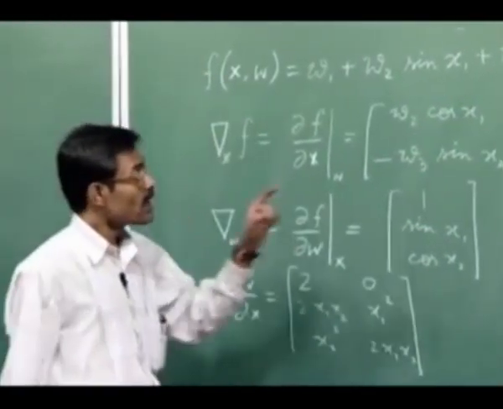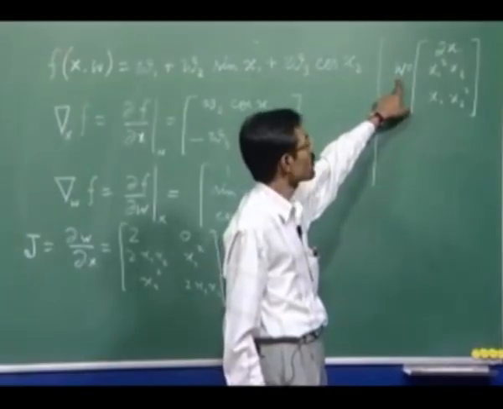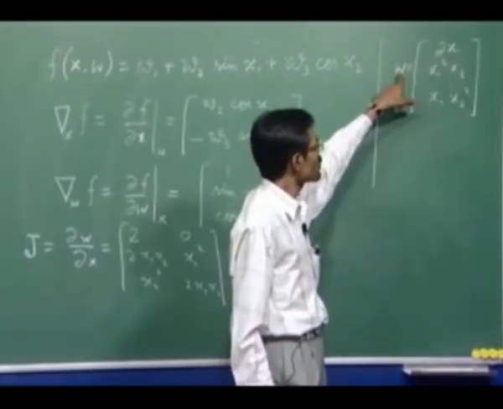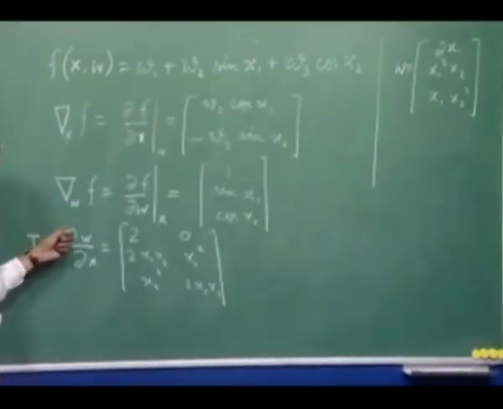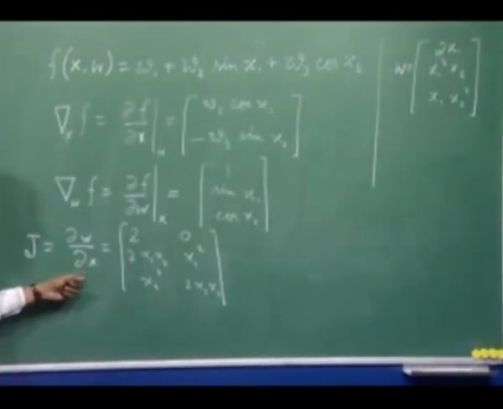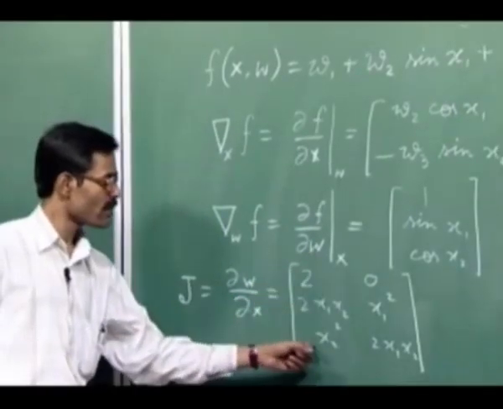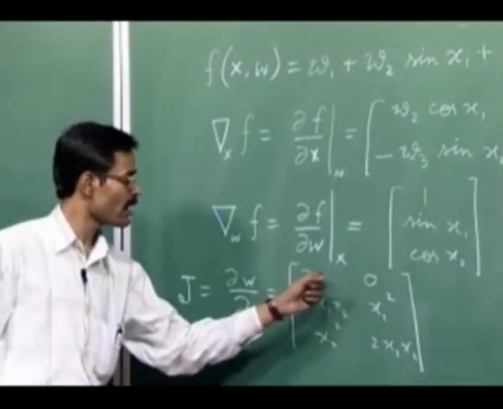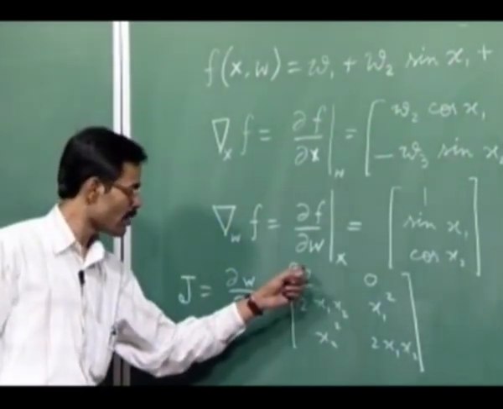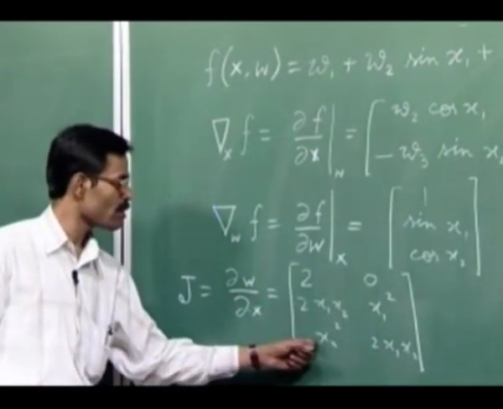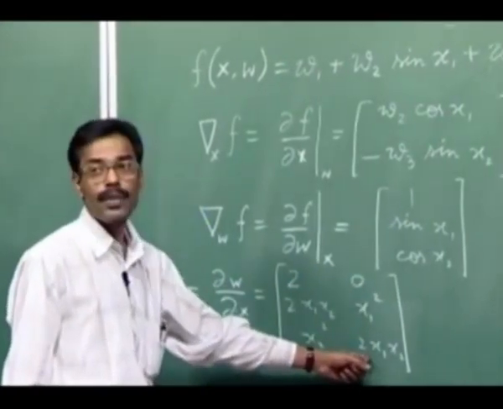Now, this relationship which gives w as a vector function of x, if we differentiate it with respect to x, we get the Jacobian, del w by del x, which will be this 3 by 2 matrix: the derivatives of w1, w2, w3 with respect to x1, and the derivatives of w1, w2, w3 with respect to x2.